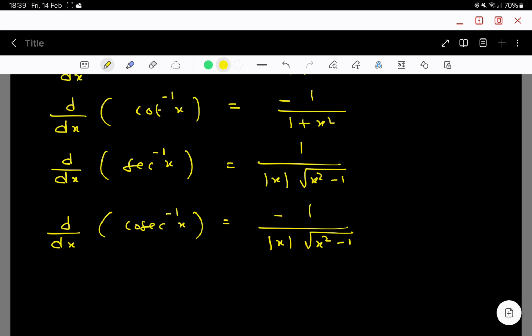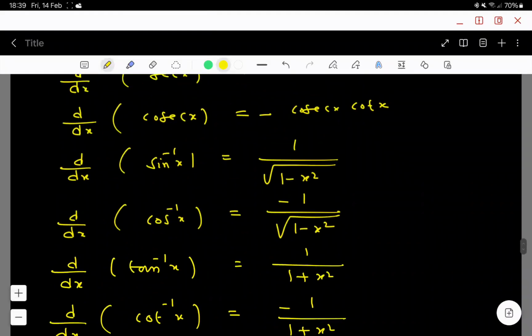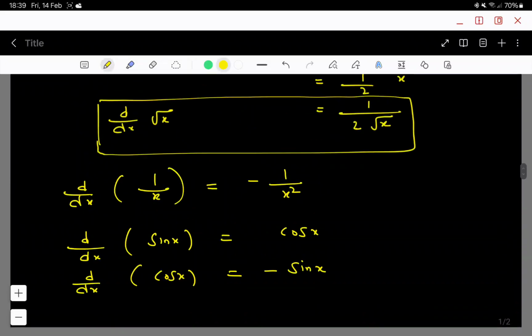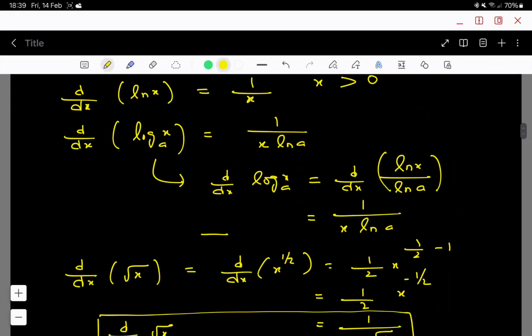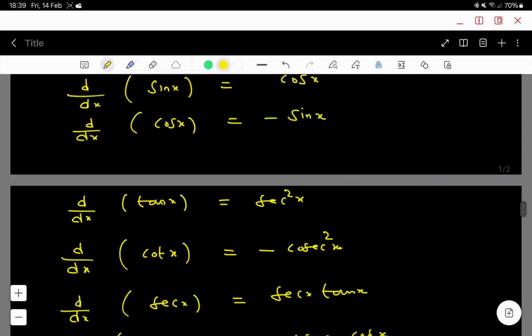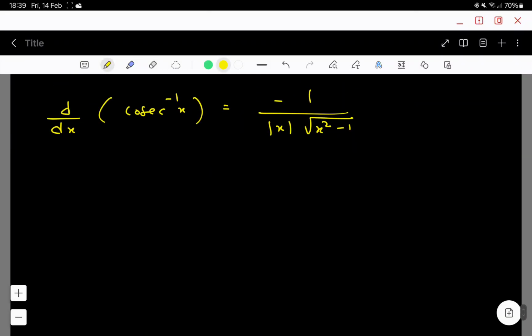Okay, these are all formulas. We must memorize them, then only it is easy to handle the problems. Next we see the properties. Okay, properties of differentiations.